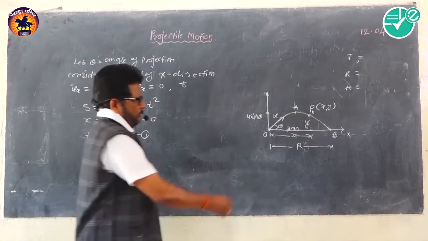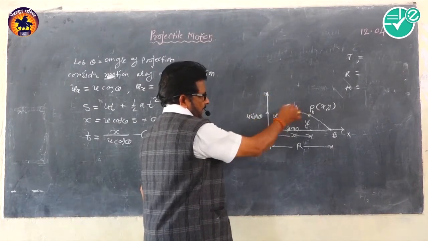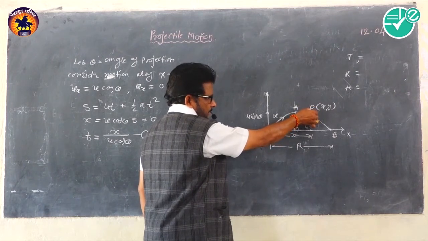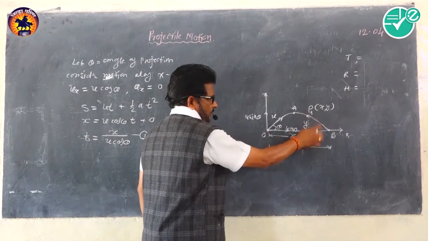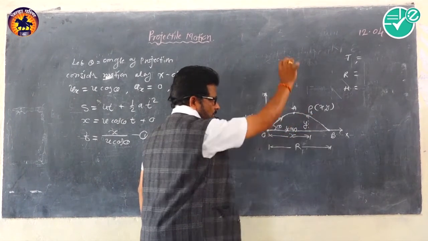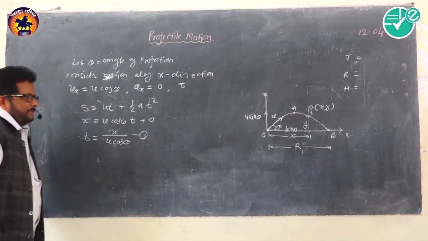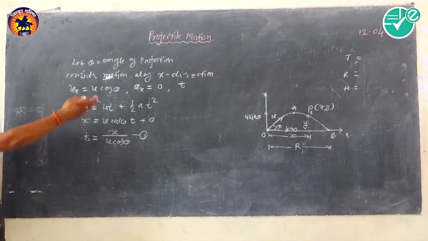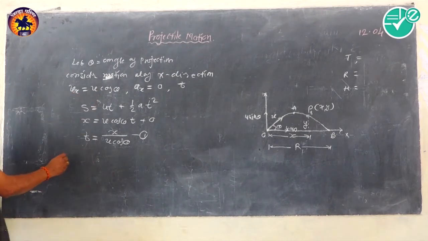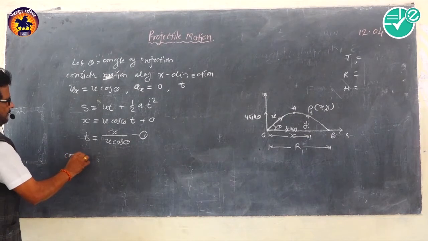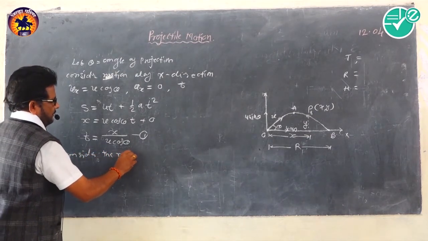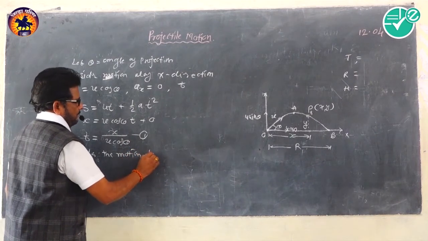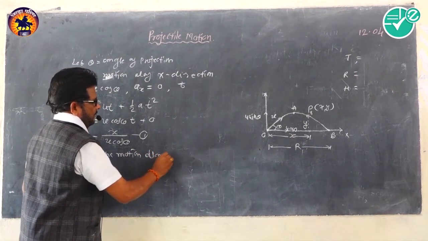Now consider the vertical motion of the projectile. In that time t, the projectile moves in this way. That means this y is its vertical displacement. Now for this displacement, we consider the motion along y direction.